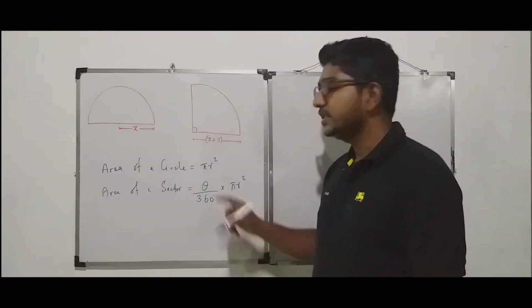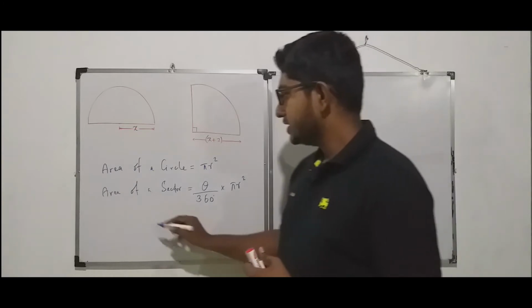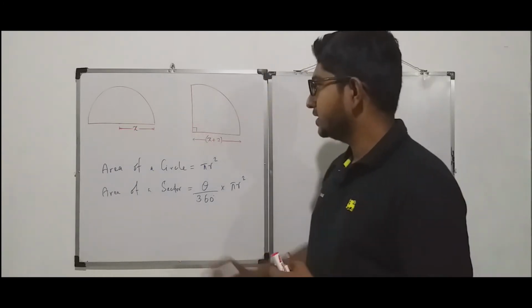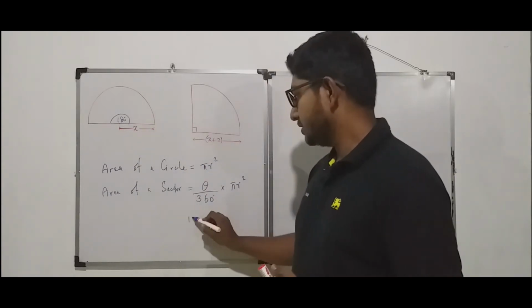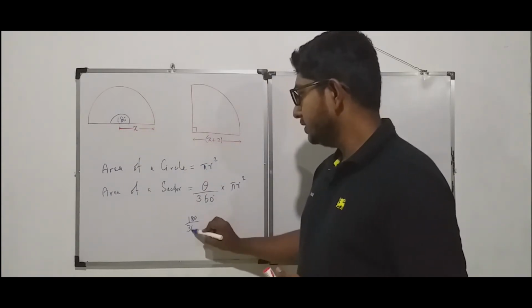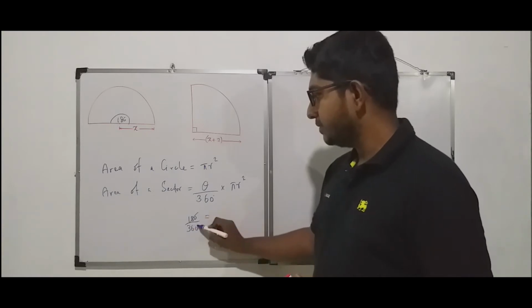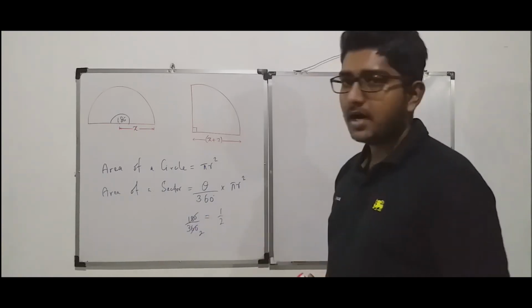So we have to substitute the sector angle. If it is a semicircle, we know the sector angle is 180. So we can substitute 180 over 360. When we simplify, we get half.